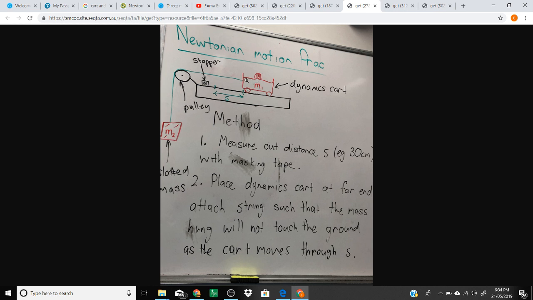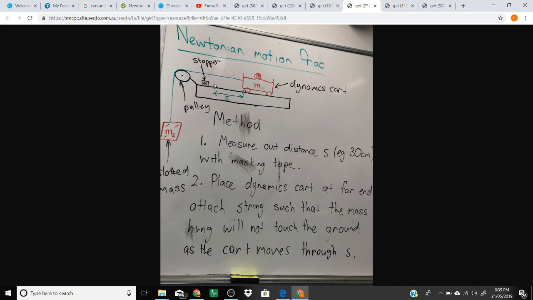So we set up the dynamics cart with a bit of mass on it. We measure out a distance. There's something there to stop it so it doesn't fall off the edge. And also we set up the solid mass with the string such that it doesn't hit the ground.